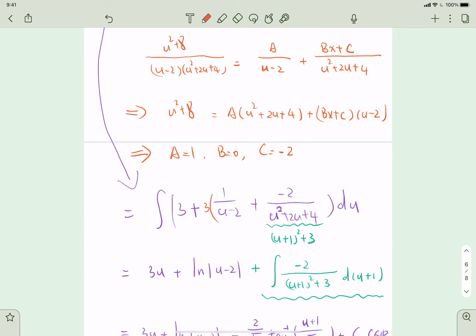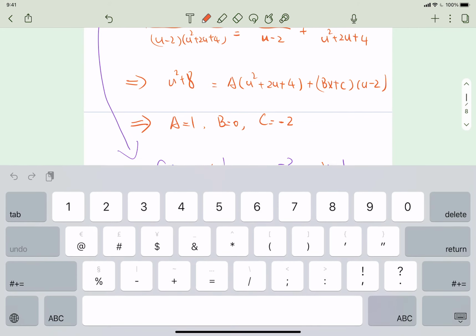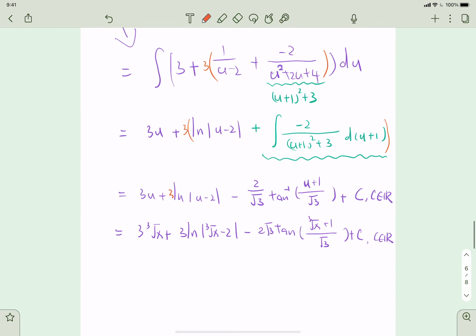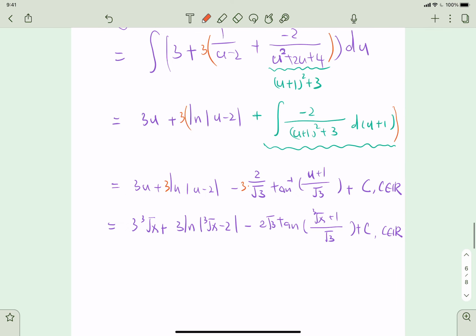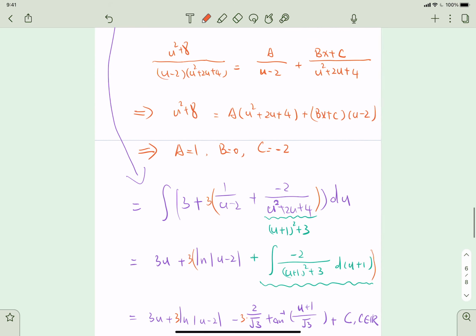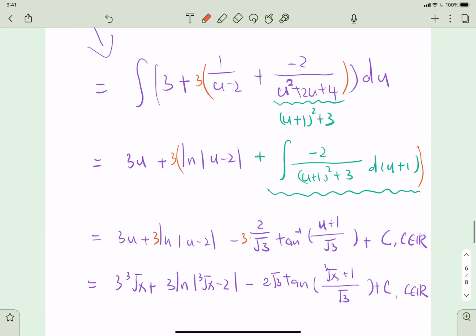There's 3 here. Just fixing the coefficient, right? So it's 3 here, 3 here. Okay, so that now it makes sense to put that 3 back, and that is our final answer.